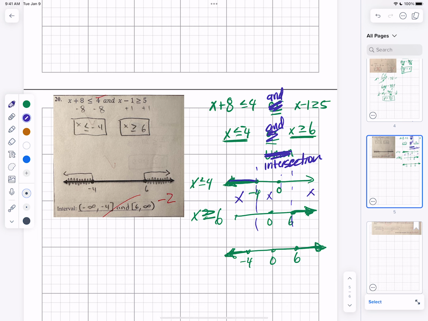This has only a solid line over here, and this only has a solid line over here. So my answer is the empty set. There is no place where the whole thing is true for both of them.